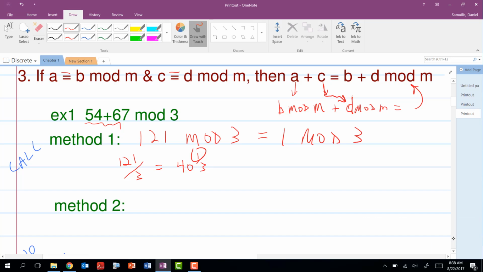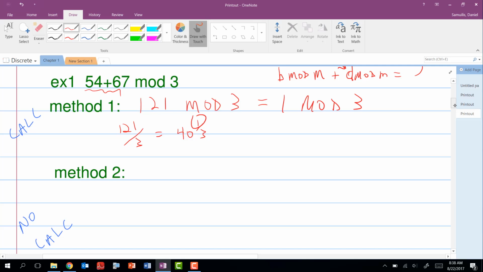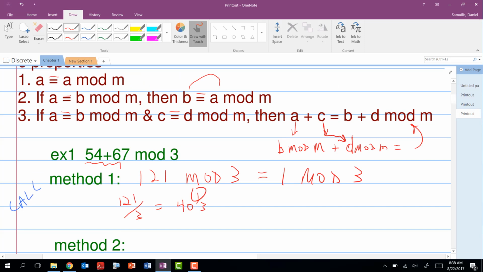All right, the next way is, I would call this the no calculator way. So it goes down to this one, how I rewrote this. I have B plus D mod M. What I could do is separate those and mod M each part of the sum, find out what that answer is, and then add those together.